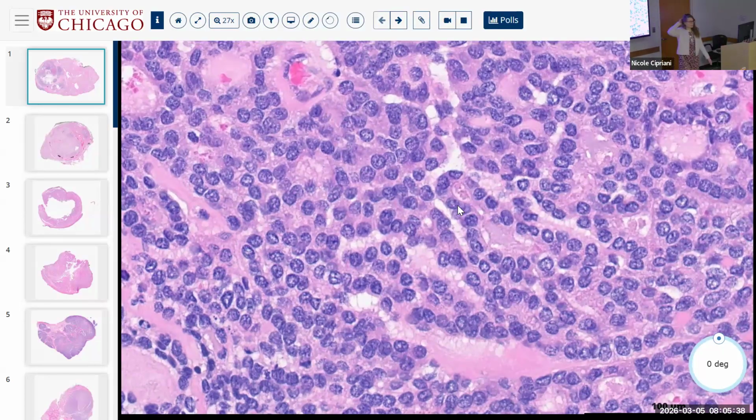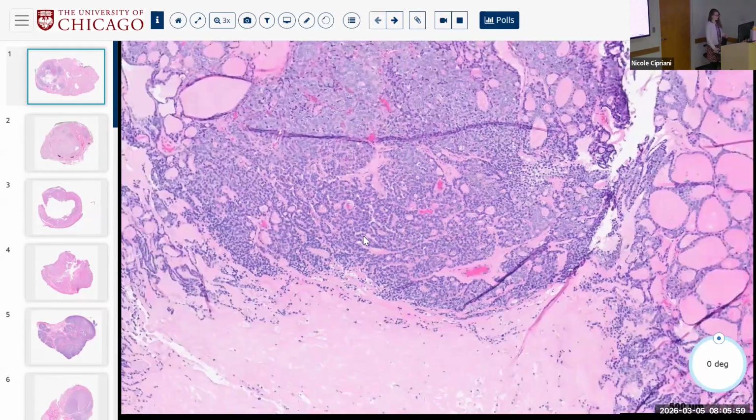These are very round, very dark with fine chromatin. So if you have this amount of nuclear heterogeneity, you may not be so concerned for a PTC when you are in the overall morphologic growth pattern of a follicular pattern neoplasm. Okay, does that all make sense?